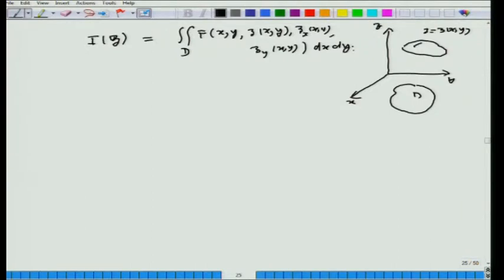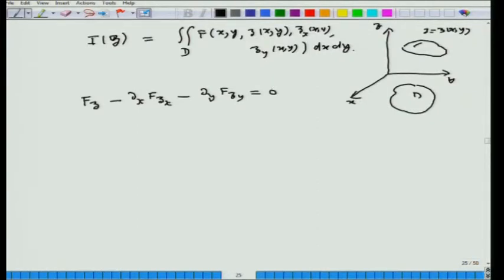Here we had seen that the necessary condition is the following equation, that is f z minus del x of f z x minus del y of f z y equal to 0.